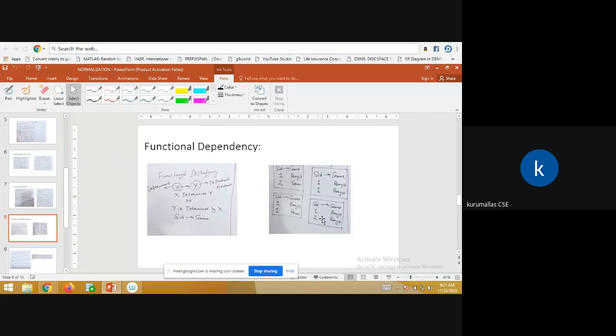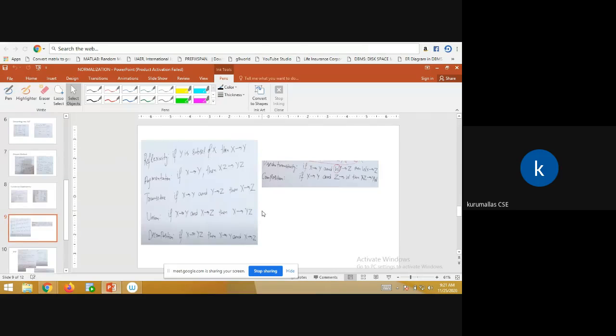Next, these are the different types of functional dependency properties. We have to read all these, as there may be a chance to be asked in the final exam: write about various functional dependency properties. If you remember them, you can write: reflexivity, augmentation, transitivity, union, decomposition, pseudo transitivity and composition.